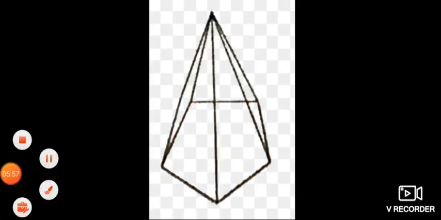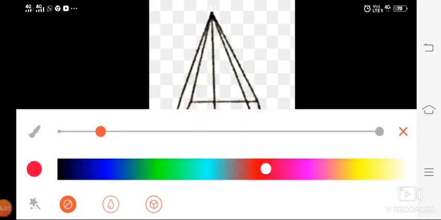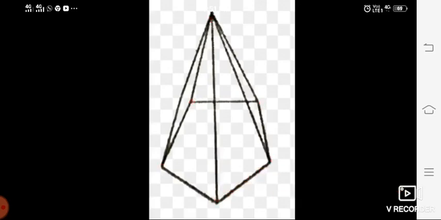Now we will mark or name the number of vertices. So see, the number of vertices are 1, 2, 3, 4, 5, 6. Wherever you can see a point, that is a vertex. So a pentagonal pyramid has 6 vertices. Now we will mark the edges.